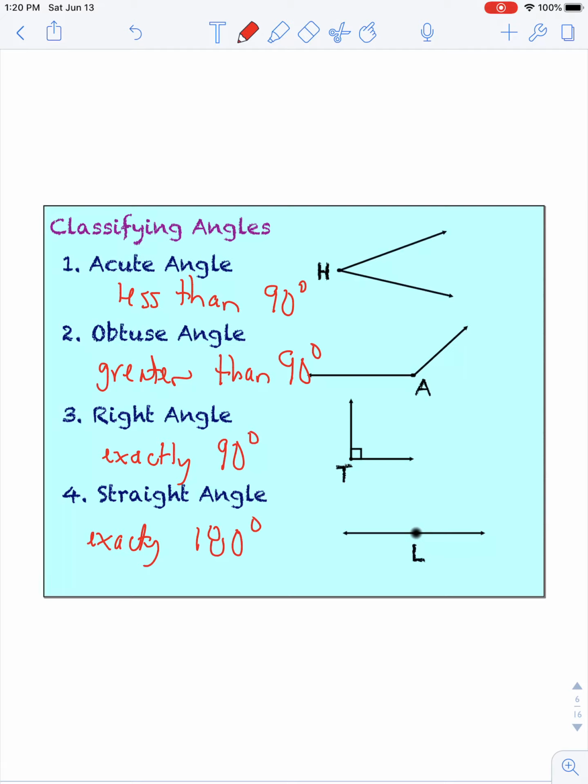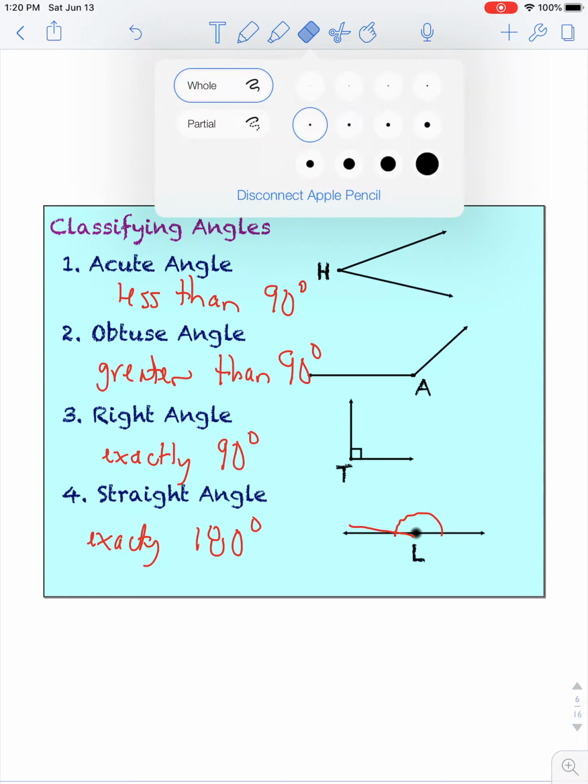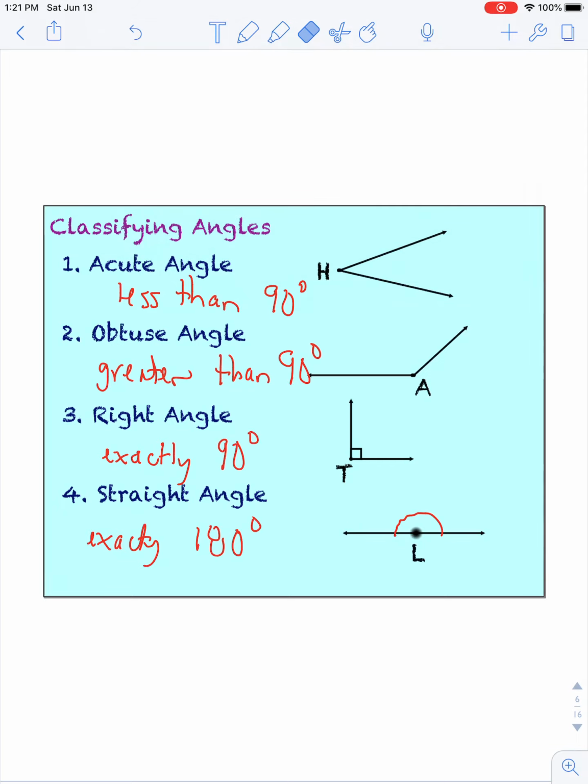And again, I think those are things that you are familiar with. So when we look at this straight angle right here, that is always 180 degrees. And we are not going to try to fool you and say, oh, well, this could actually not be 180, it could be 179. We're not going to do that, okay? So keep in mind that if you see a line, we are assuming that it is a linear line and a straight angle.